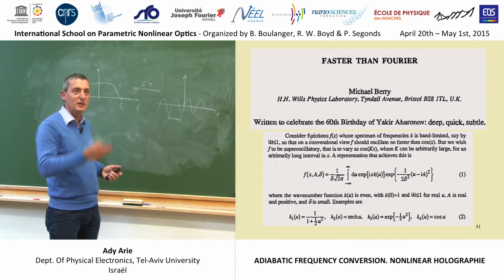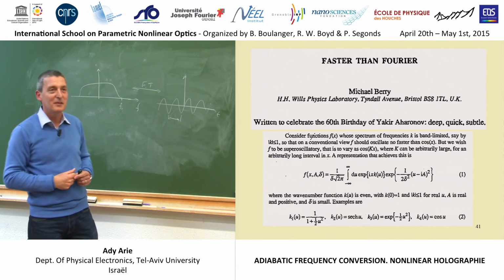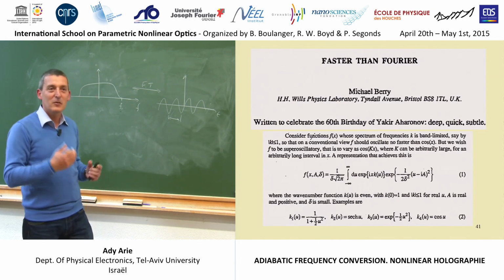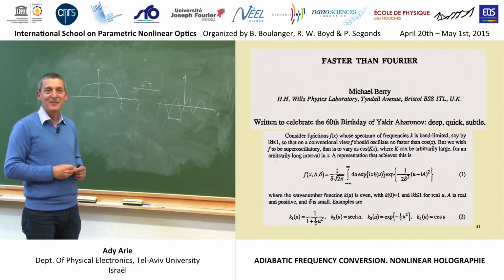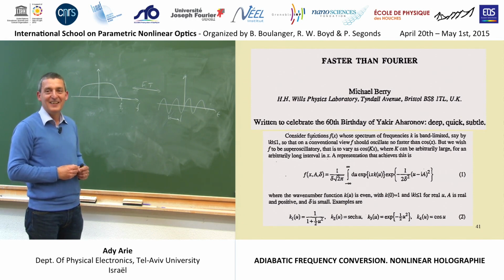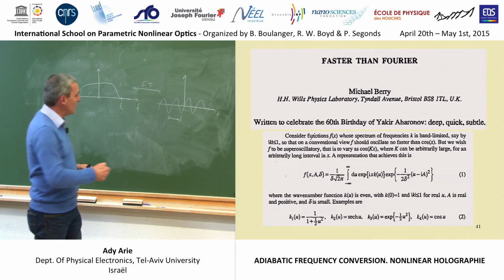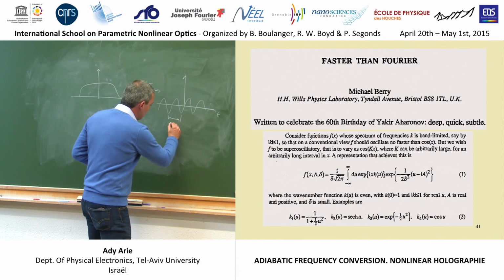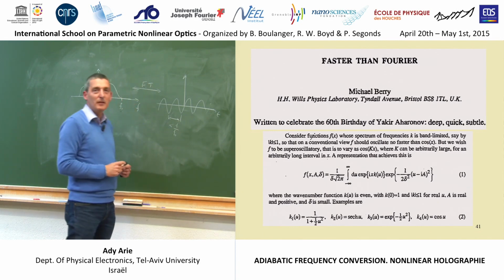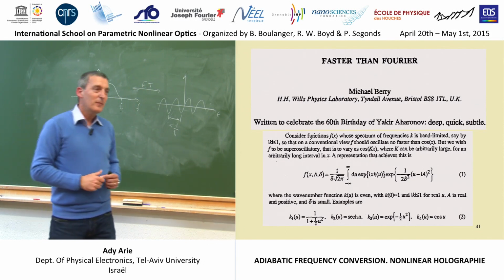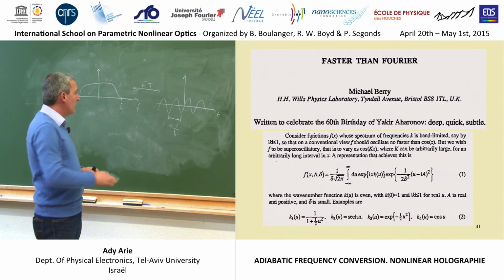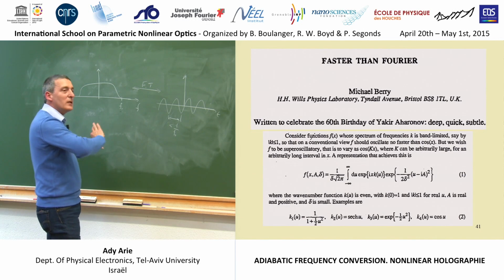Anyone wants to make a guess? 1 over f0? Yeah, this is what people usually think, that this cannot be faster than 1 over f0. Well, I ask what's the fastest.